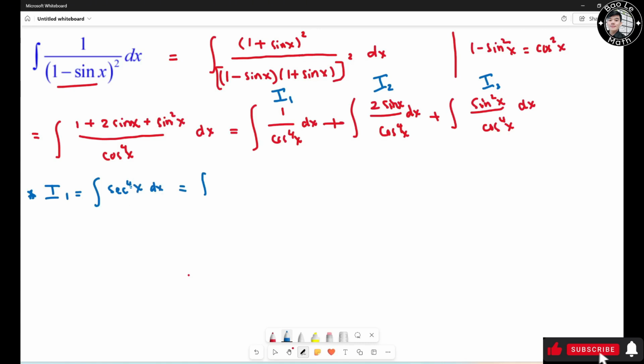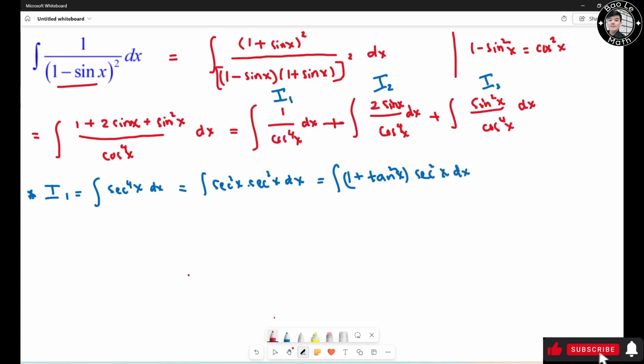Now you can split secant to the 4 into secant square of s times secant square of s ds. You know that secant square of s is 1 plus tangent square of s, so I have 1 plus tangent square of s, and I need to rewrite secant square of s ds.